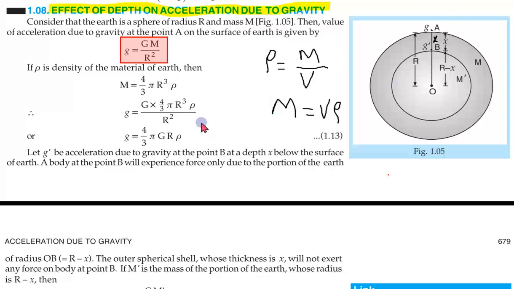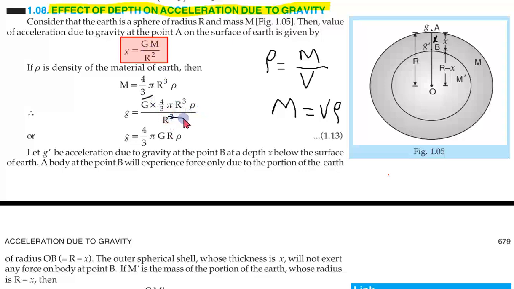Now we'll put this M value into this equation. So I have g here. This whole body stands for mass. G times mass over r square.